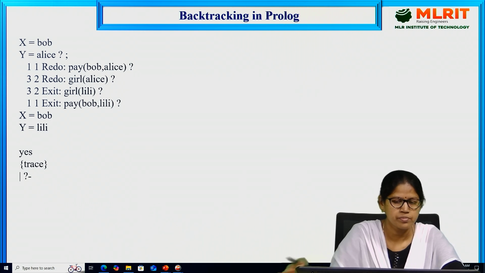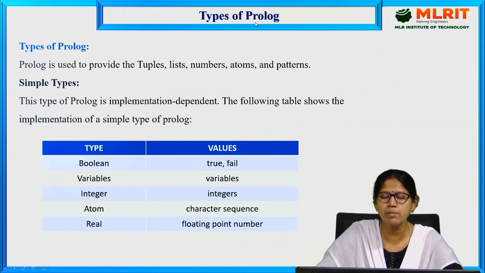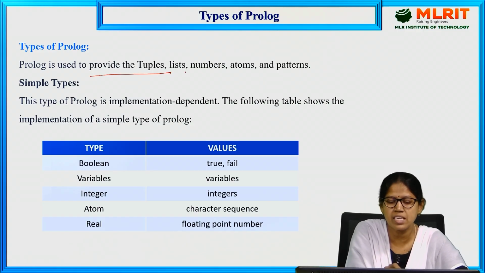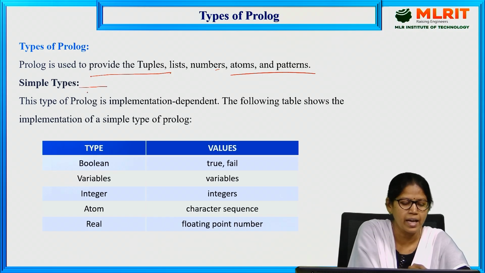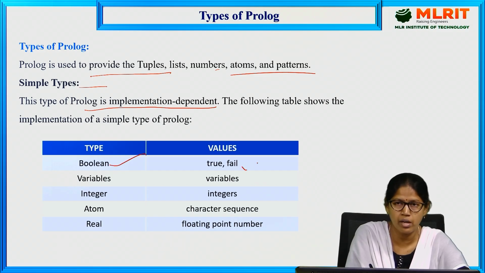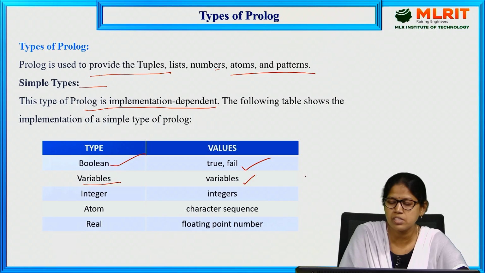Next, types of Prolog. Prolog is used to provide tuples, lists, numbers, atoms, and patterns. Let's see the simple types. This type of Prolog is implementation dependent. So here Boolean, true or false, and variables, which are represented in the form of capital letters.